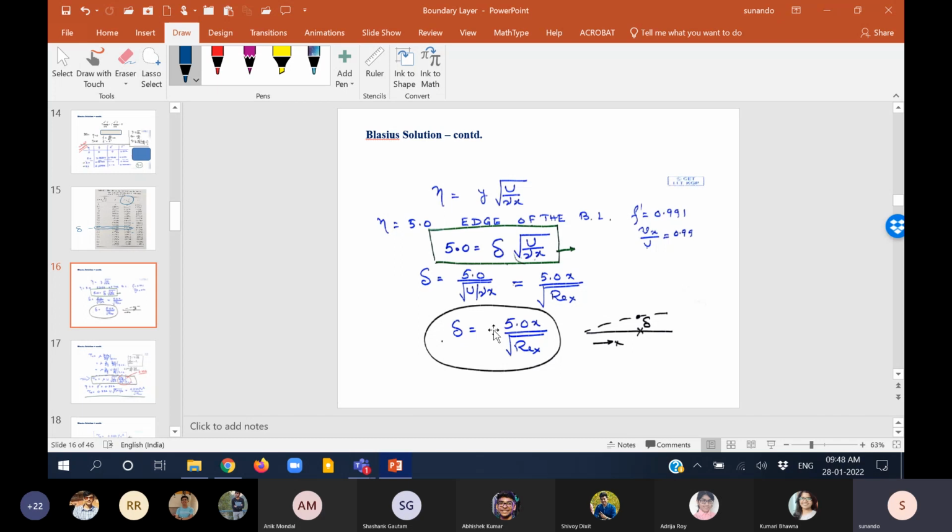But I would like to bring it to your notice that the definition of Re_x, so far the Reynolds numbers that we have come across, the length scale is always across the flow. Think about the pipe diameter which is used for Reynolds number. The diameter is across the flow. This is a situation in which the Reynolds number is defined based on the length scale along the flow.